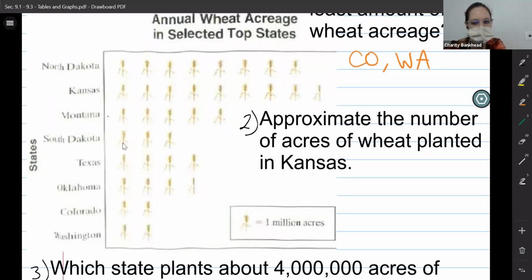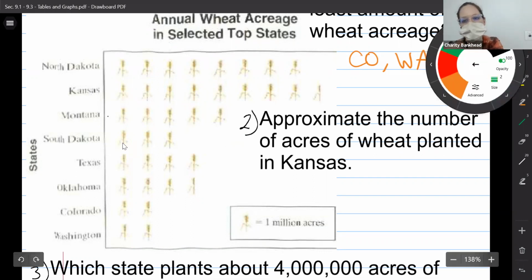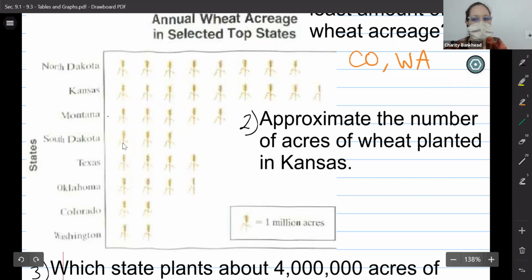Number 2 says, approximate the number of acres of wheat planted in Kansas. So 1, 2, 3, 4, 5, 6, 7, 8, and this one is actually like a half. So 8.5 million.